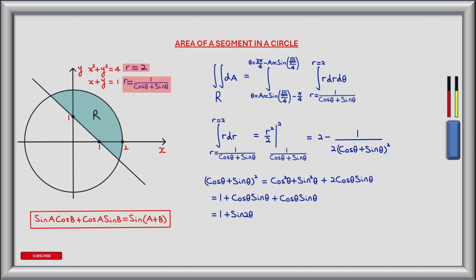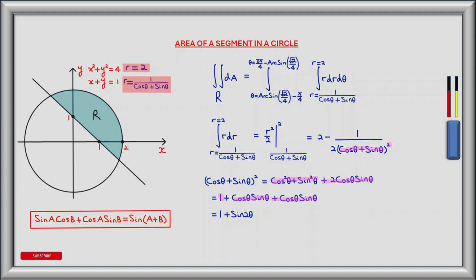Now let's simplify the expression cos theta plus sine theta squared. So if we expand it out, we get cos squared theta plus sine squared theta plus 2 cos theta sine theta. Now we know that cos squared theta plus sine squared theta equals 1. And we can break 2 cos theta times sine theta up into cos theta times sine theta plus cos theta times sine theta.